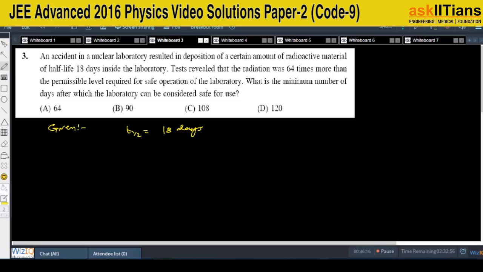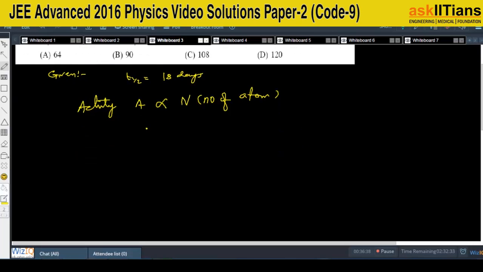Tests reveal that the radioactivity was 64 times more, which means the initial activity was 64 times the final amount that remains. We know that activity A is directly proportional to the number of atoms in radioactive disintegration. So from the law of radioactive disintegration we get N is equal to N naught into (1/2) to the power T upon T half. T half is the data given in the question, that is 18 days, and T is the total time.